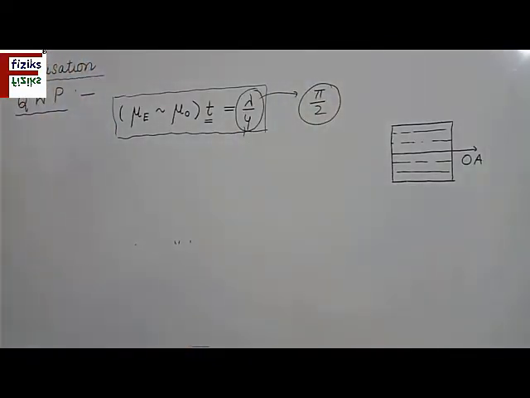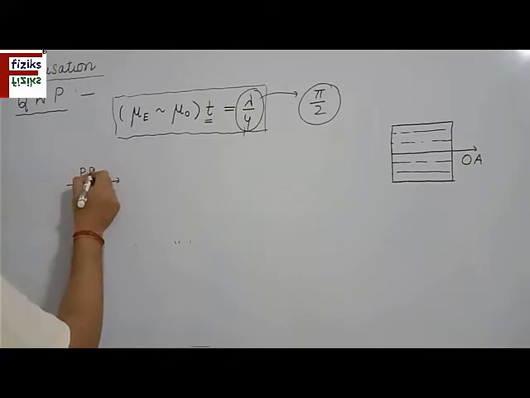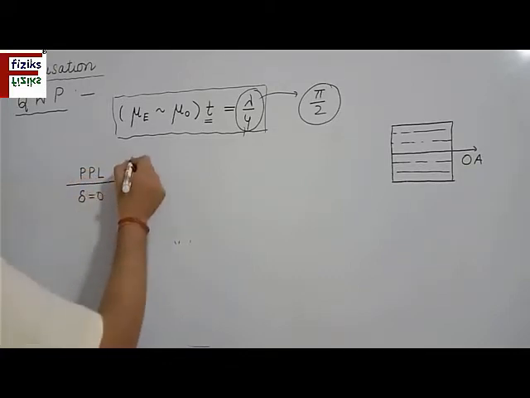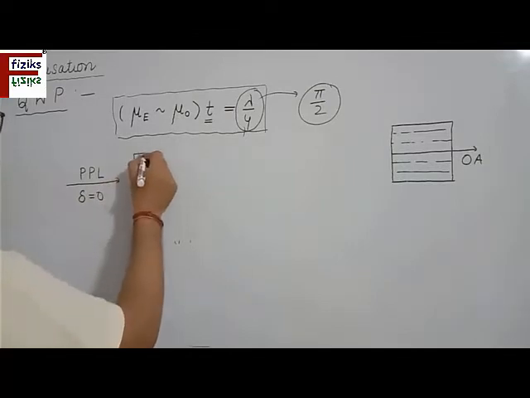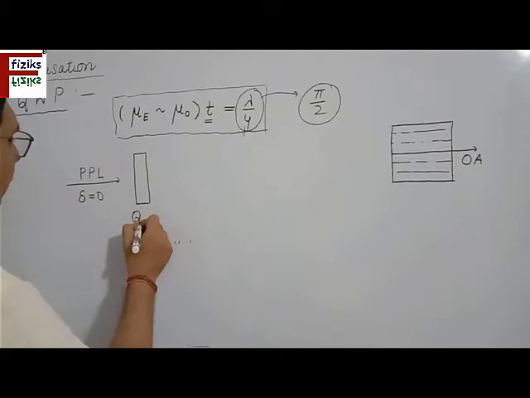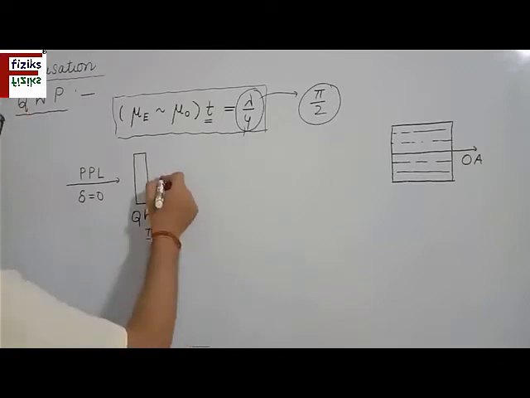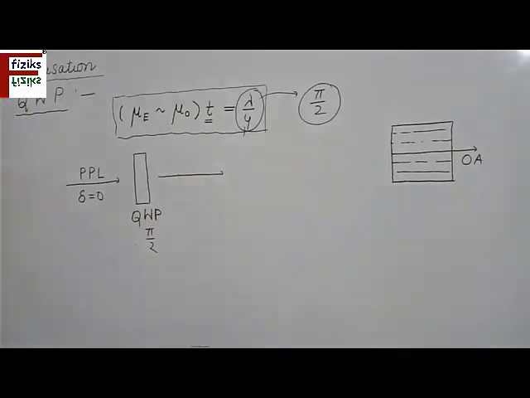So if we have plane polarized light, suppose for this delta is 0, incident on a quarter wave plate, which is introducing a phase of pi/2, then on the emergent side, what will we have?